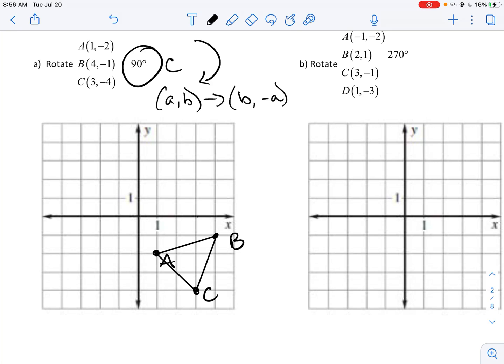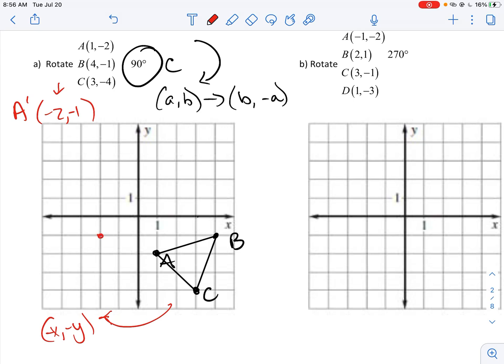So I'm going to switch my A and my B around. And that becomes negative. Well, first of all, how do I know that? I know that this quadrant, both the X and the Y values are negative. So that gives me a huge hint for these two. They both need to be negative.